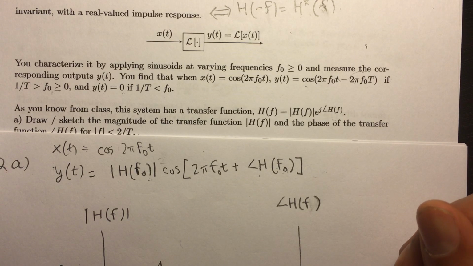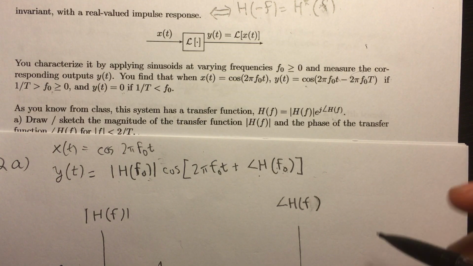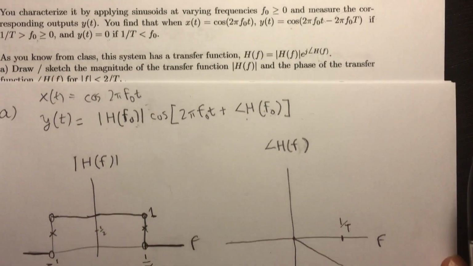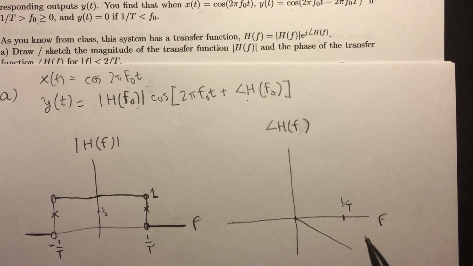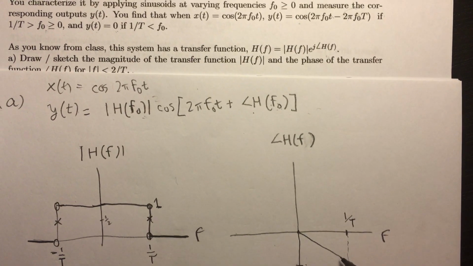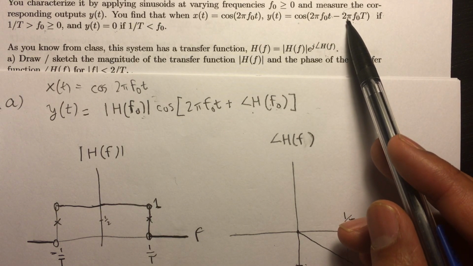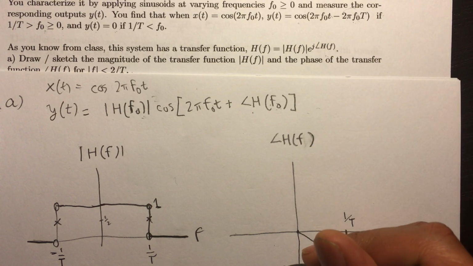And it keeps on going until 1 over T. Actually, it's not going to matter what the phase is for f greater than 1 over T because the magnitude is 0 anyway. But let's just draw it up to 1 over T. At 1 over T, this number is 2 pi times 1 over T times T, so that's just equal to minus 2 pi.